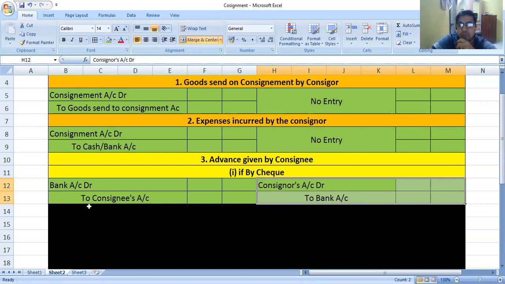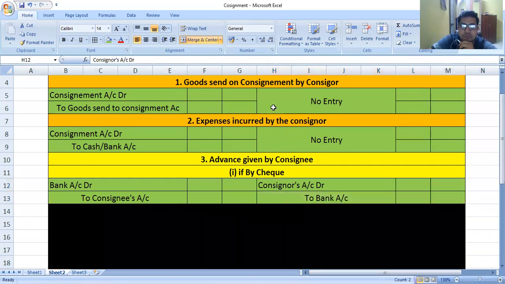It is received from consignee. Here consignor's account is debited, the receiver as per the personal account rule. So consignor's account debit to bank account. I hope you understood this entry.